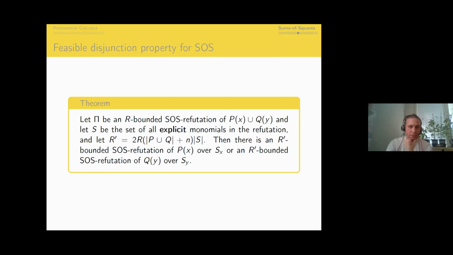Okay. So now again, the feasible disjunction property is an almost trivial proof, given that we have the right definition at our hands. This bound that we need to carry along here makes it a bit more tricky, but not much.